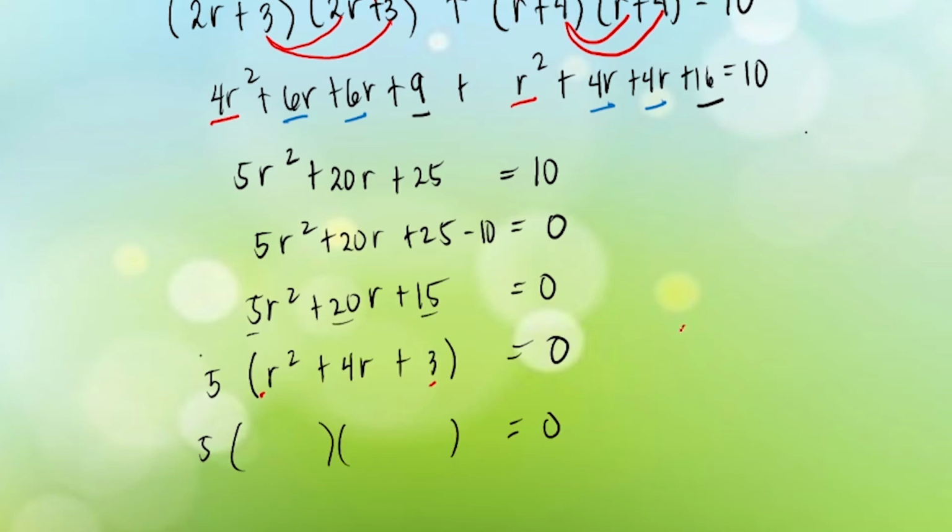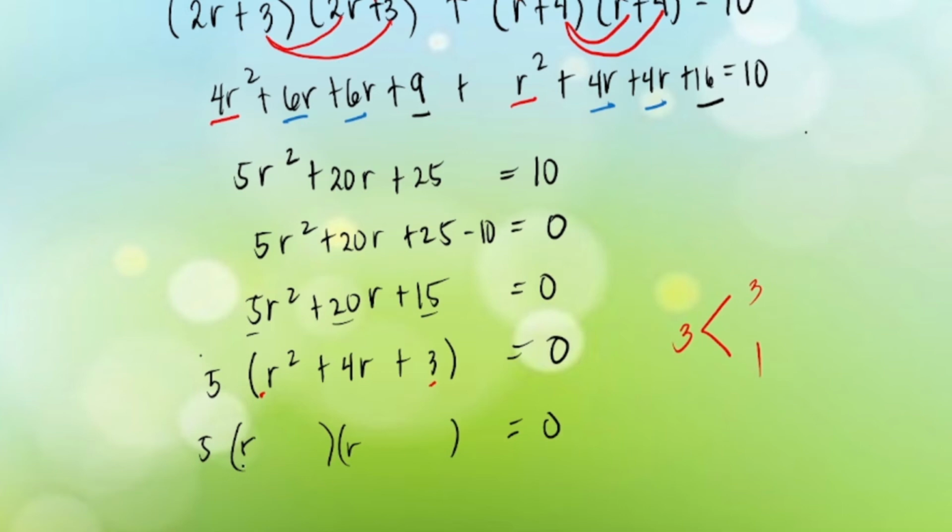We're going to look for the factors of 3 whose sum is 4. And that is 3 and 1. Since 3 and 1 are the factors, we just have to write r on both the first terms of these two pairs of parentheses, because we're expressing it as a product of two binomials. So the factors are 3 and positive 1.